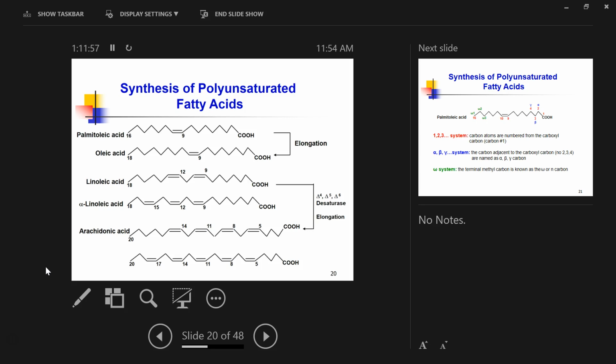So we have delta 4, 5, and 6 desaturases and elongases to extend the carbon chain and to form the double bonds. I'm not going to go into detail, but just simply, with these 2 steps you can synthesize polyunsaturated fatty acids.